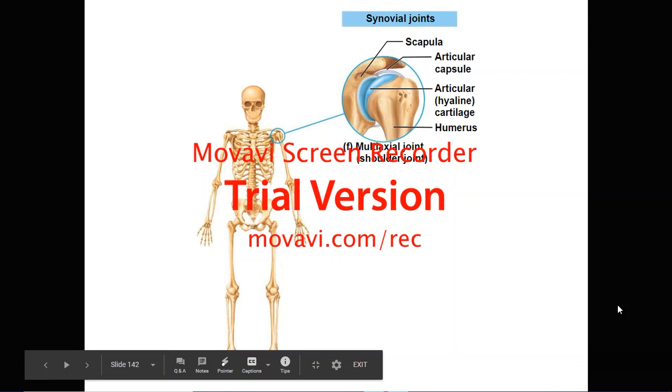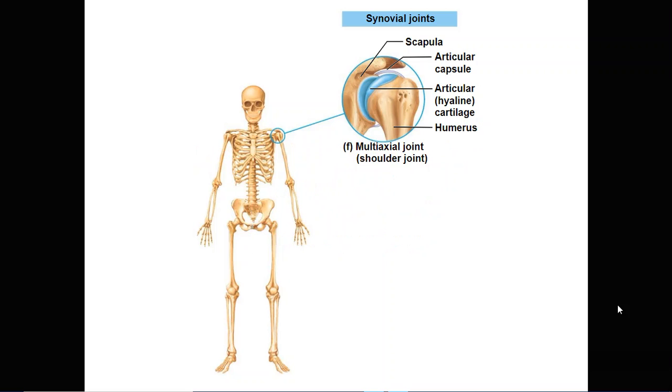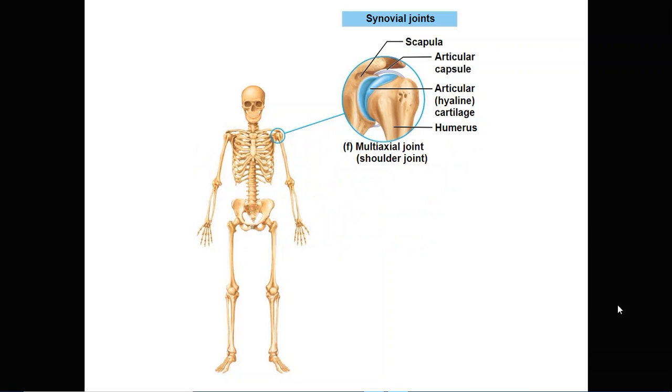These next few slides show the location of some synovial joints. So this one is showing the shoulder joint, a ball and socket joint. And you can see that it is a multi-axial joint. We're going to talk about this in more detail, but you do need to know the difference between multi-axial, non-axial, biaxial, and uniaxial.